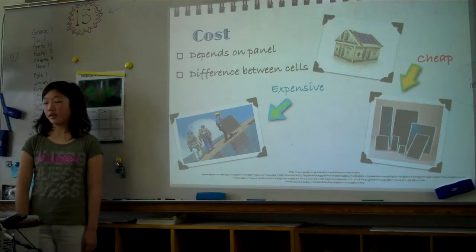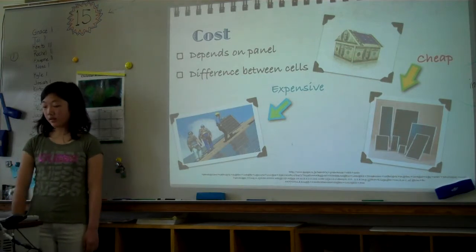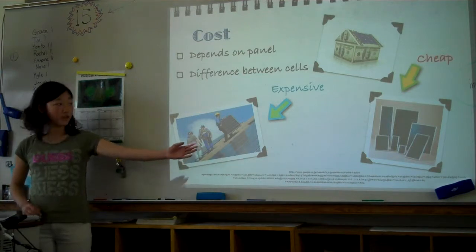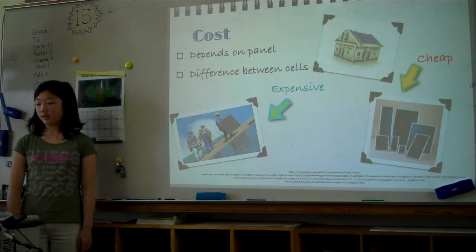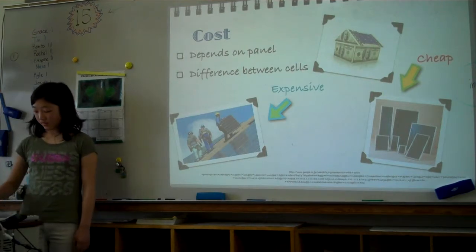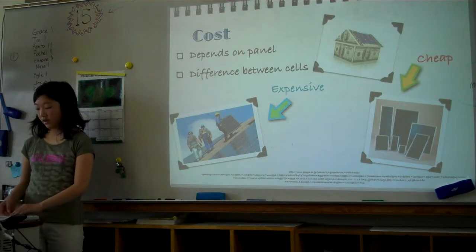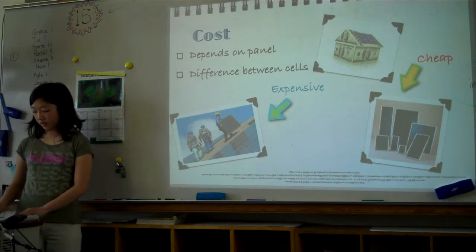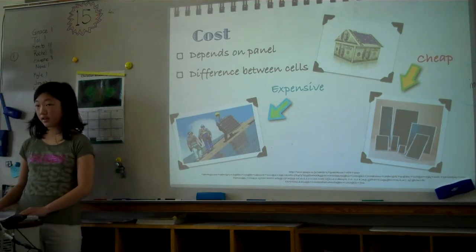The cost depends on what kind of panel you buy and what kind of panel you want. These are expensive and those are cheap. The difference is between the cells. For example, the expensive ones may be the crystalline, which I told you before, a single silicon crystal, and the efficiency is 10 to 30%.